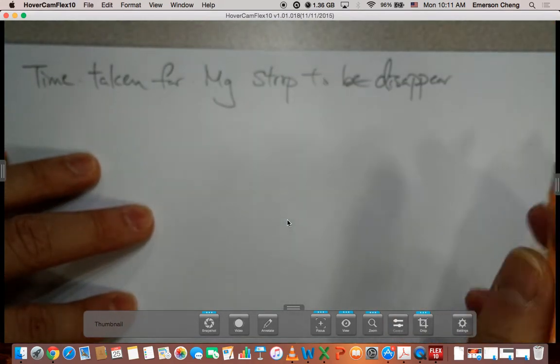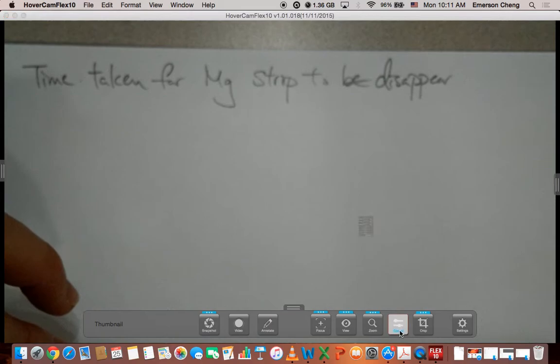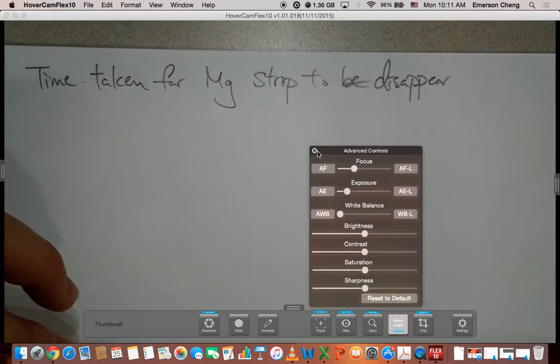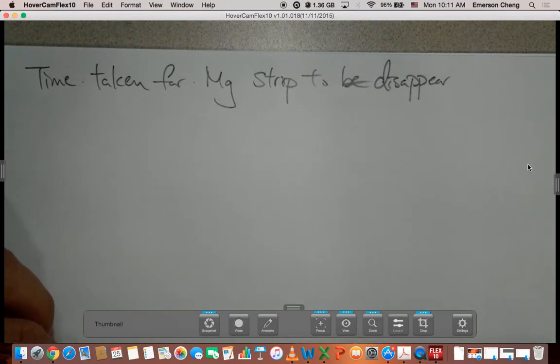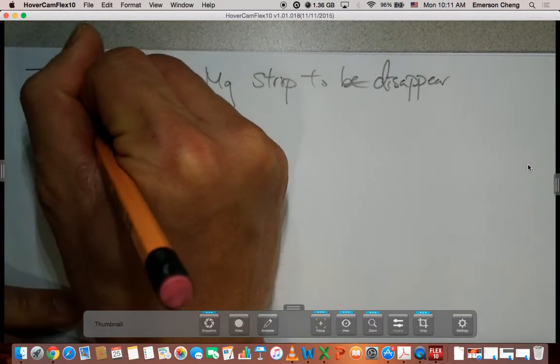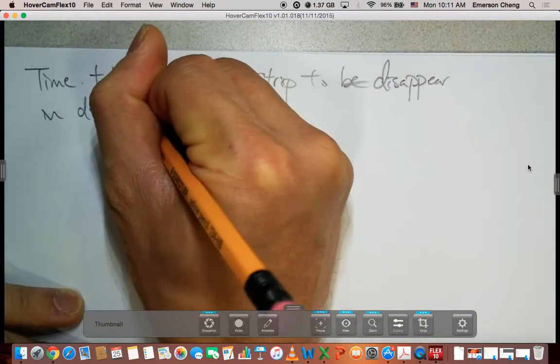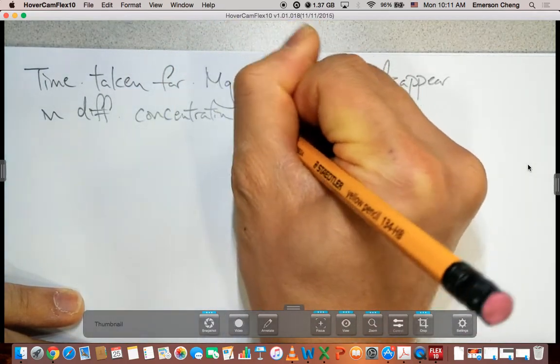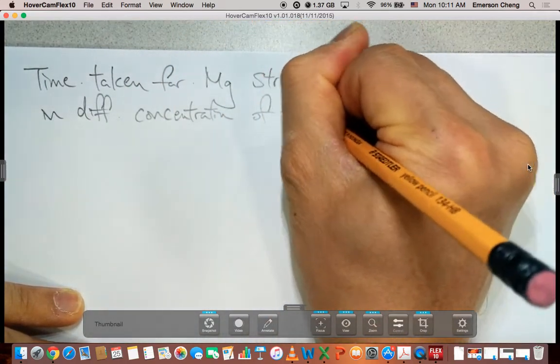It's not the most focused. We'll focus this a little bit better: time taken for magnesium strip to disappear in different concentration of HCl.